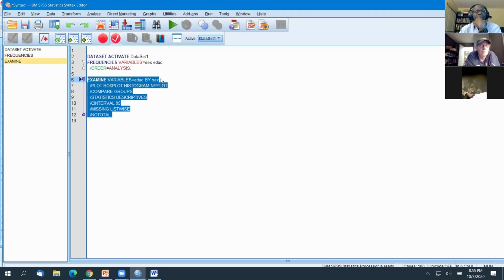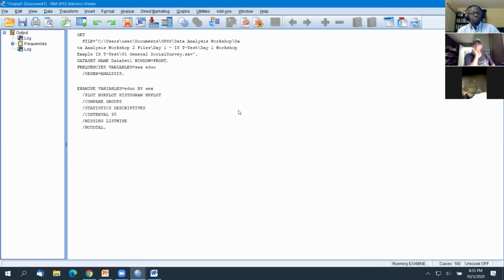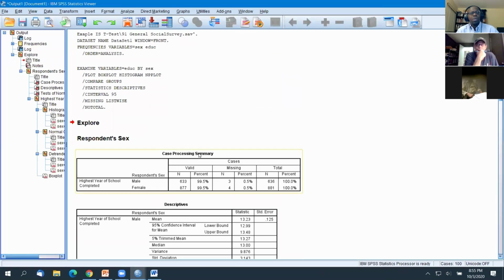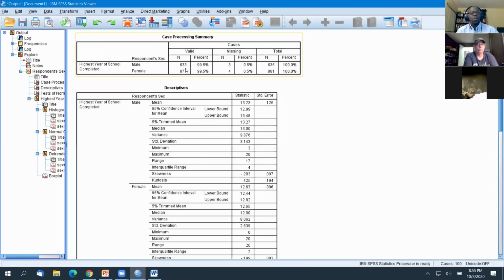All right, so now let's examine this. This is just some descriptive statistics here, right? So we have 633 males, 877 females, 3 were missing. These 3 account for a fifth of a percent.